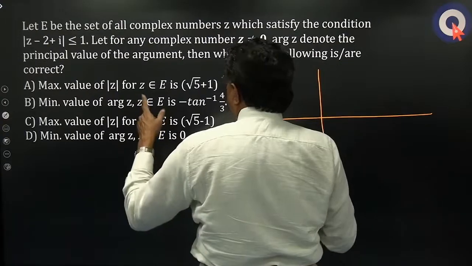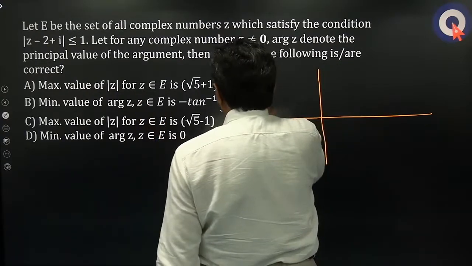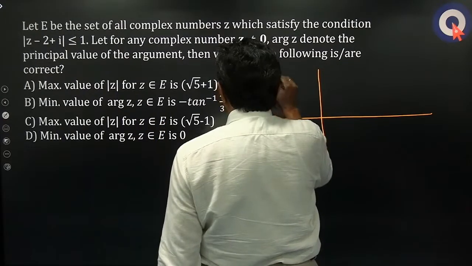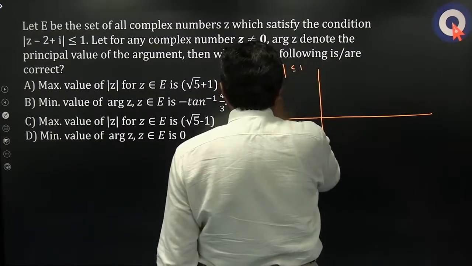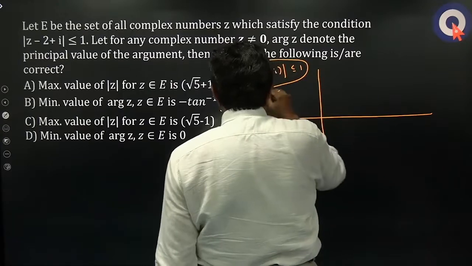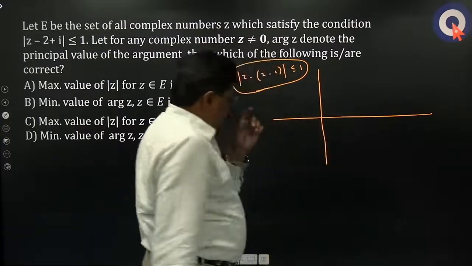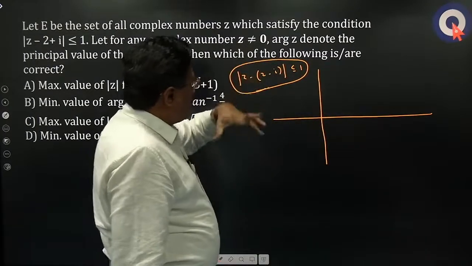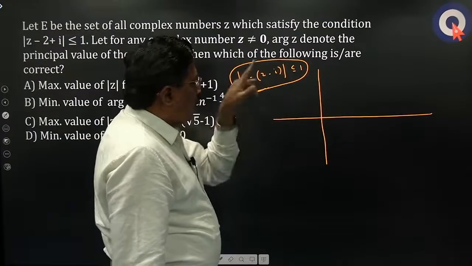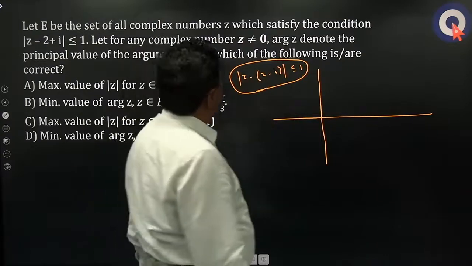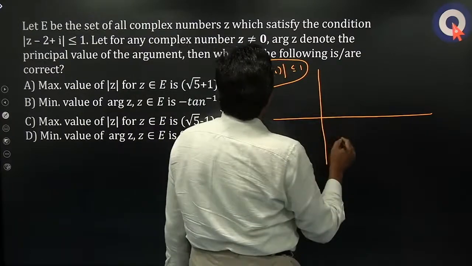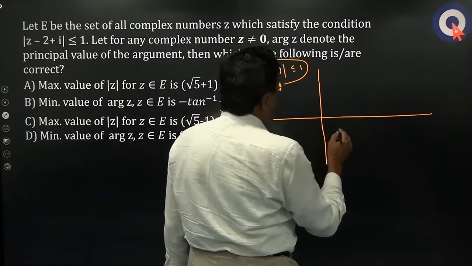So here, mod of Z minus (2 minus I) is less than or equal to 1. So this represents a circle, the region inside the circle and also on the perimeter of the circle, with the center at (2, minus 1) and radius 1 unit.